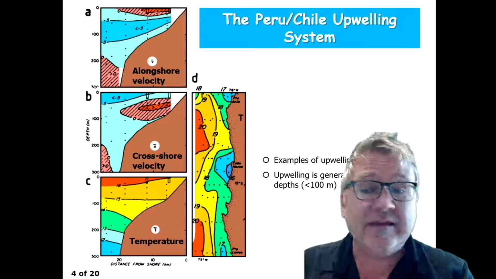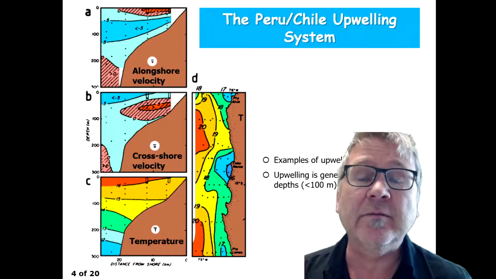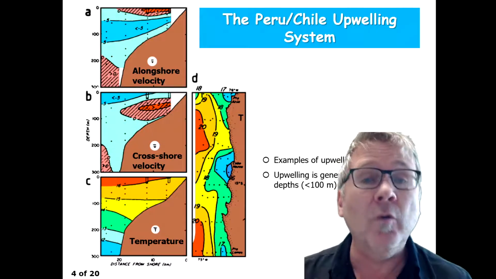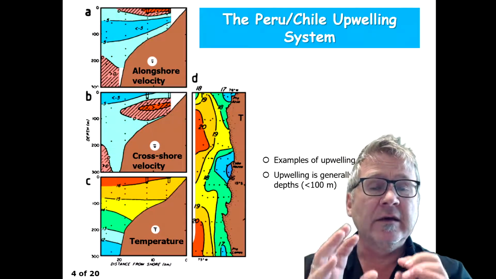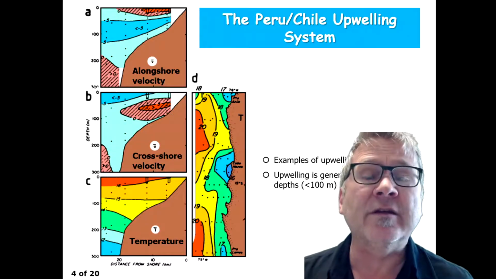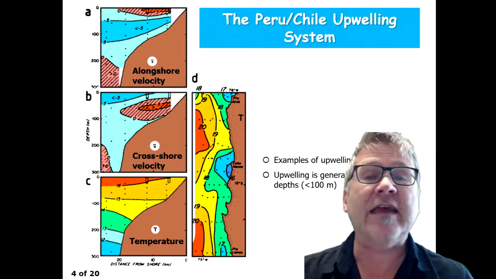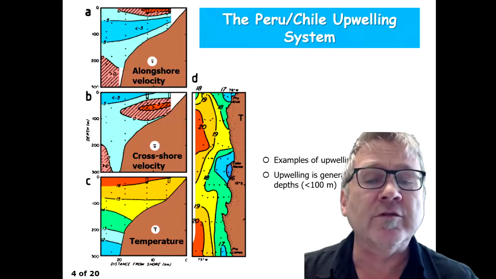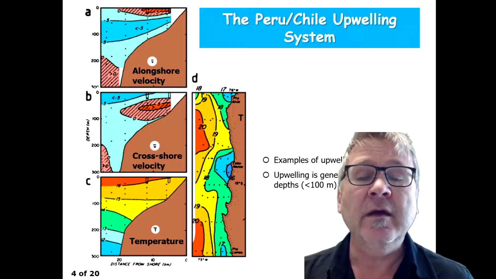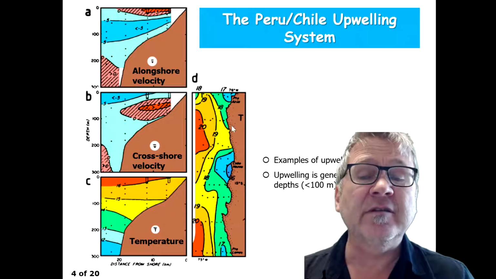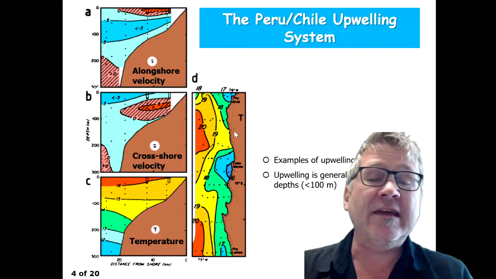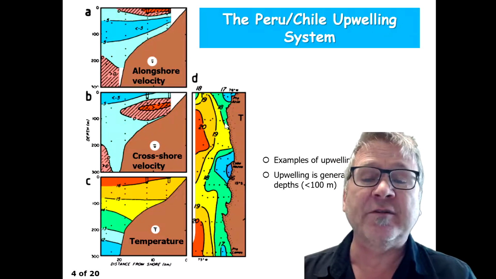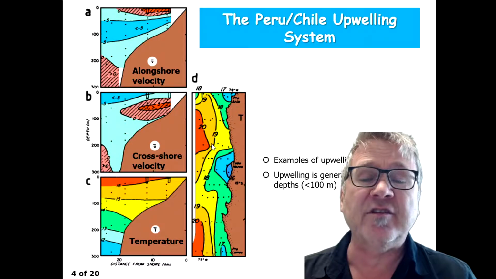So upwelling you can easily identify by the regions where you have the coldest water, because the only mechanism that can induce cold water near the surface is the upwelling, the vertical upward movement of colder water to the surface. Here you can see the observations, and these little dots are the regions where the observations were taken. So these are the field stations.